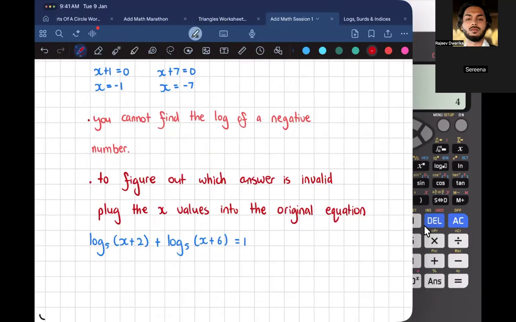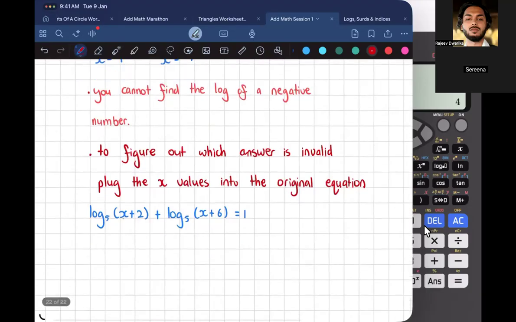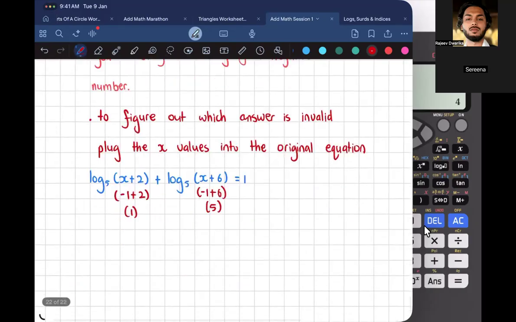Negative 1 first. Okay, so if I put in the negative 1, then this bracket would turn to negative 1 plus 2. What is negative 1 plus 2? 1, right? What is negative 1 plus 6? 5. Did I get any negative numbers there? No. Right?